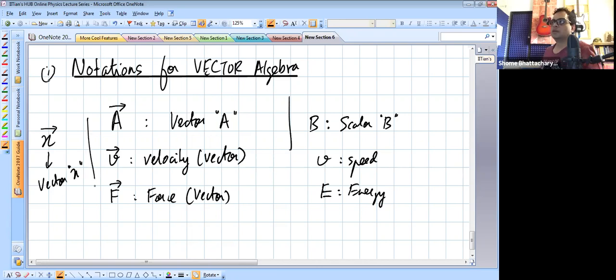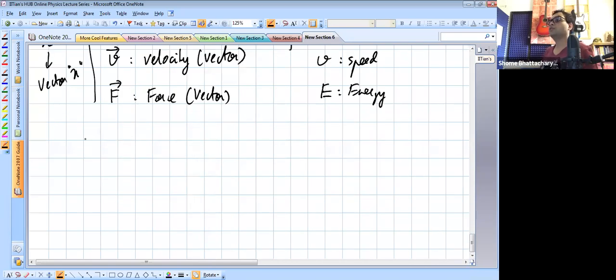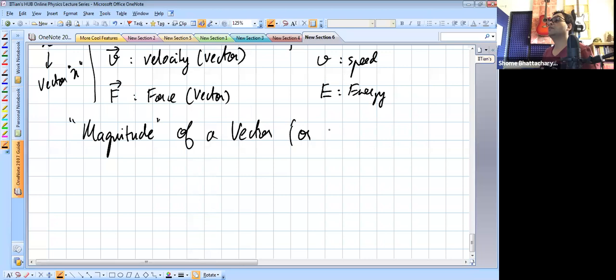Now the other notation that we use, which is important, is the magnitude of a vector. Sometimes we also use the shorthand term modulus, or simply mod. That is notated by your regular modulus symbol in mathematics, and you put the vector inside it.